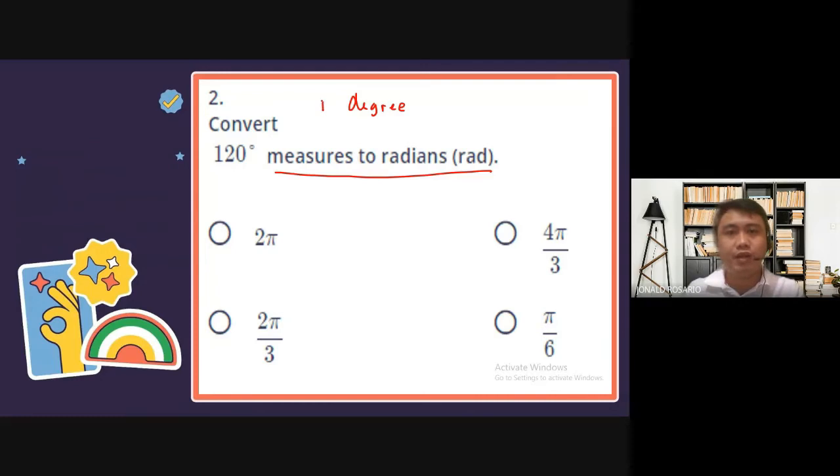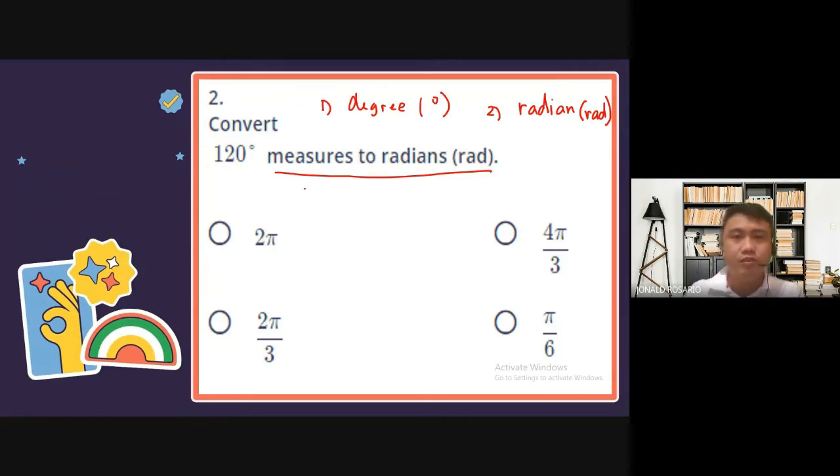We have the first one, the degree, and the second one, the radian. Ang ating symbol for degree, of course, alam nyo na ito, and for radian naman, rad. The problem is how to convert 120 degrees to rad or any degree to radian.